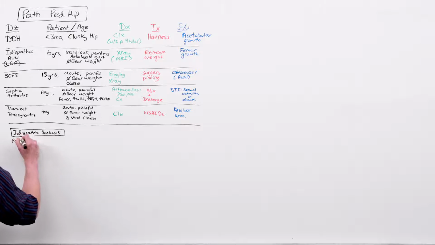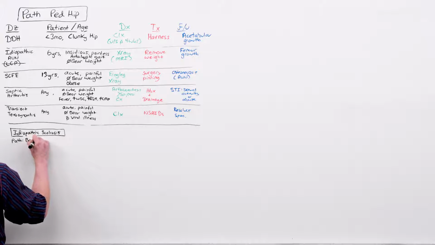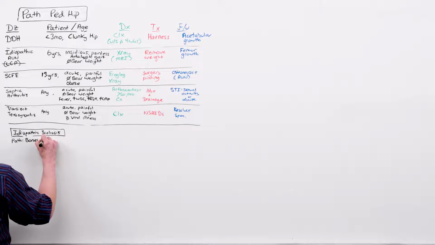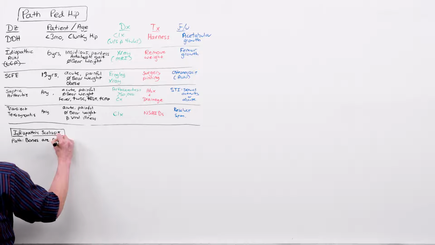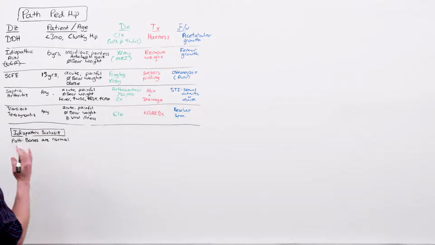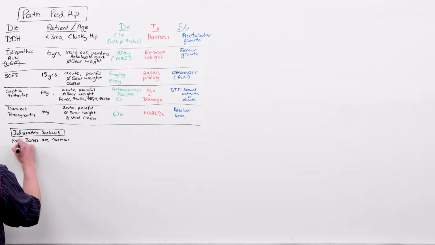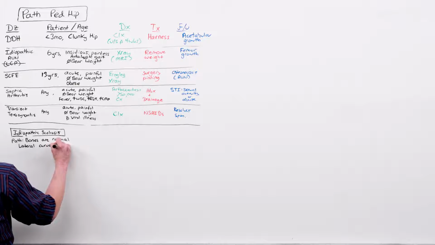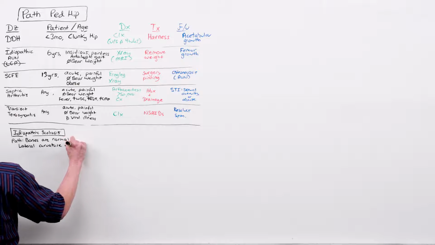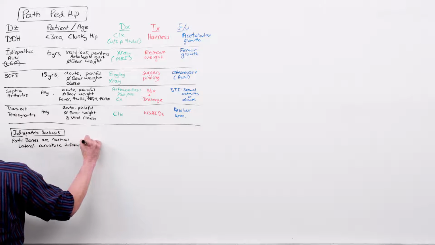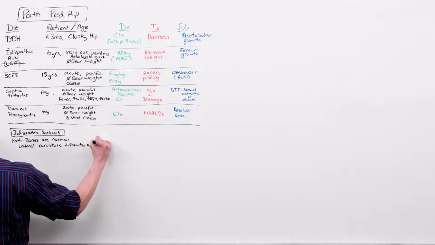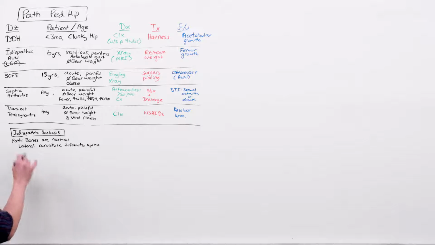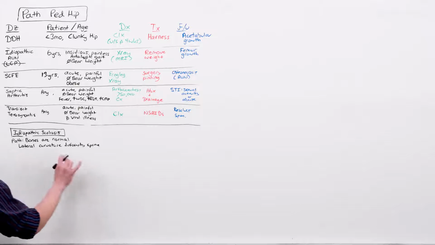Because it's idiopathic, it means also that the bones of the vertebra, ribs, etc., the bones are normal. Yet even though they are normal, there's a defect of the lateral curvature of the spine. There may also be lordosis or kyphosis, but scoliosis is a lateral curvature deformity.